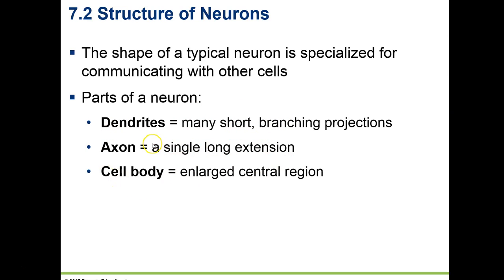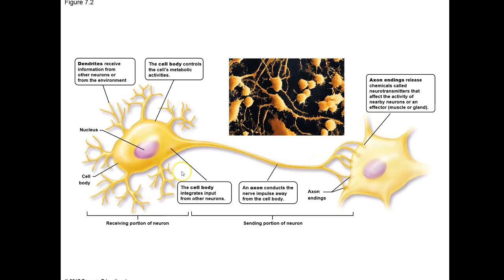Axon is a single long extension coming out from the cell body, and cell body is the central region, means on one side dendrites are attached to the cell body and on one side axon is coming out. So let us look at the neuron. See, here is the cell body. It has a nucleus, and see, these are short branched extensions which are considered dendrites.